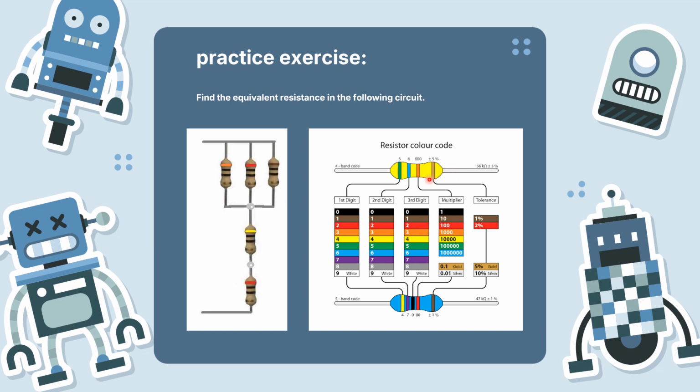As you can see here, we should start reading the value of the resistance from this side with this direction. And the last number is the tolerance value. Some resistors have 4 and some have 5 colors. For example, this one has 4 bands. We call them 4 band resistors and 5 band resistors.